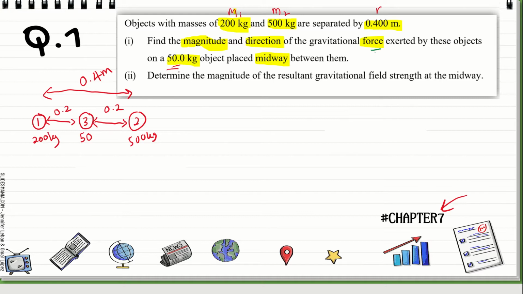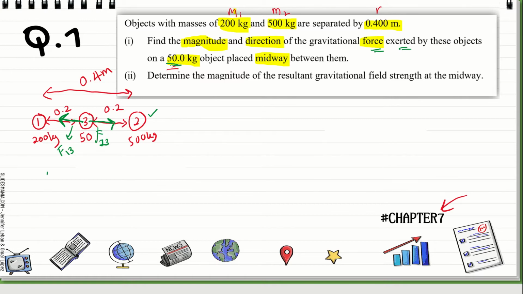So to find the forces exerted on M3, basically we know that our M3 is attracted to object number 2, so it has force F23, and at the same time our mass 3 is also attracted to object number 1, so it has force F13. So that is how we symbolize our forces.